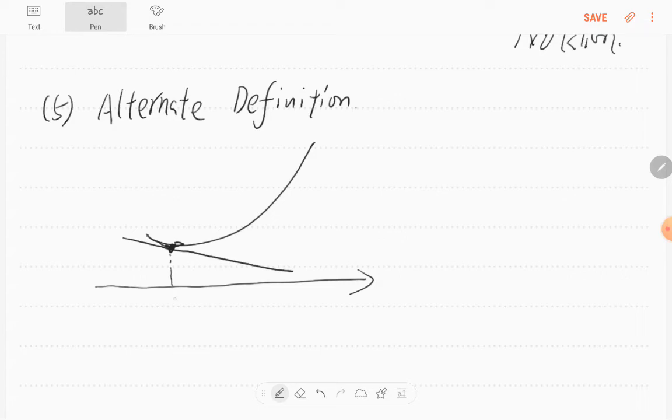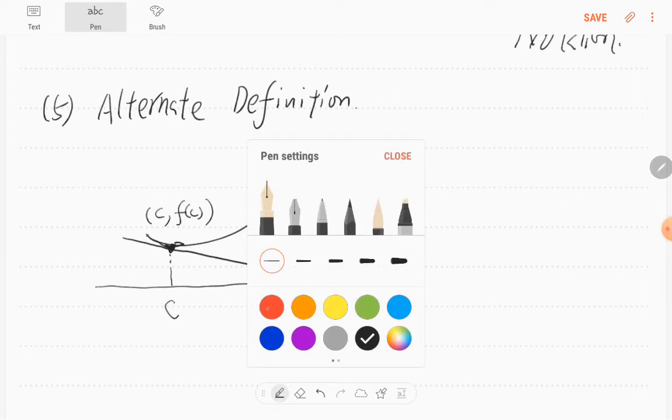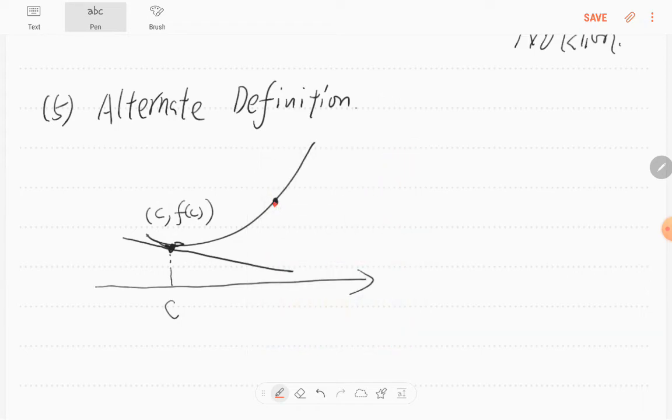If this point has x-coordinate c, so this point is c, f of c, and we have another point on the curve whose x-coordinate is x, so this point is x, f of x.